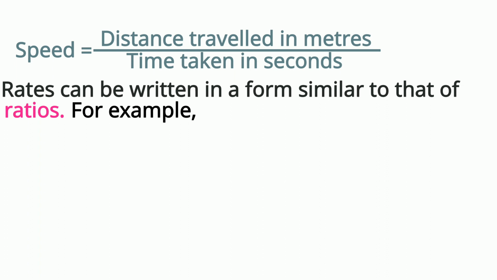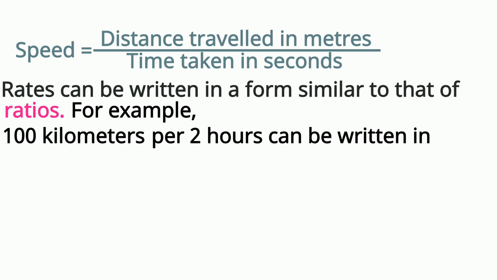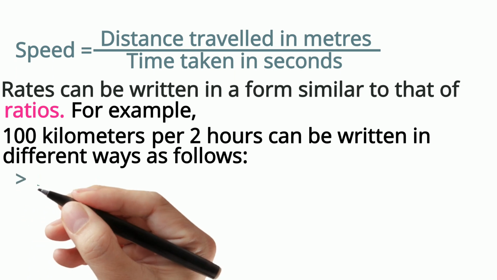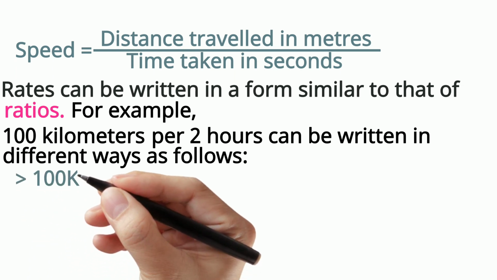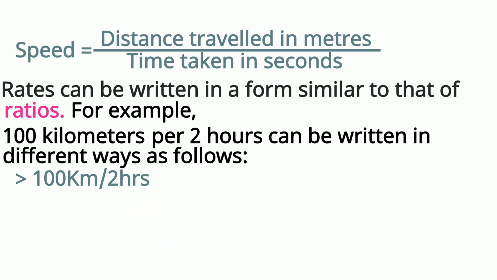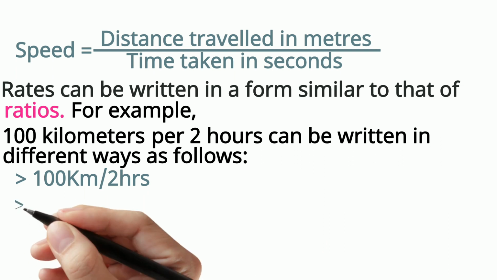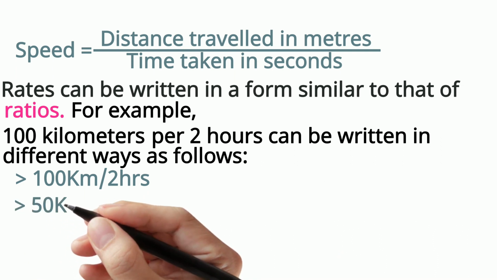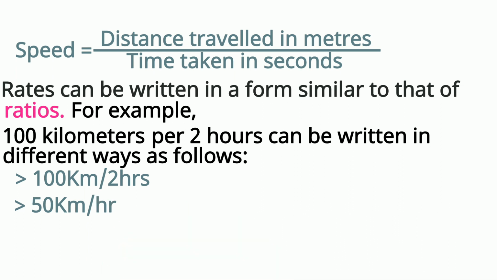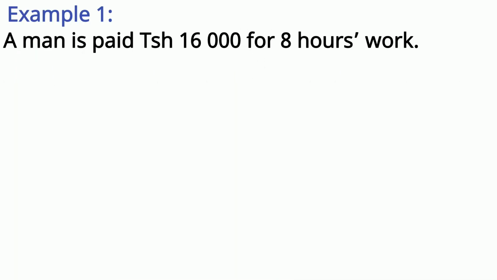Example, 100 kilometers per 2 hours can be written in different ways as follows. The first way we can express it is 100 kilometers per 2 hours, or we can rewrite it as 50 kilometers per hour.